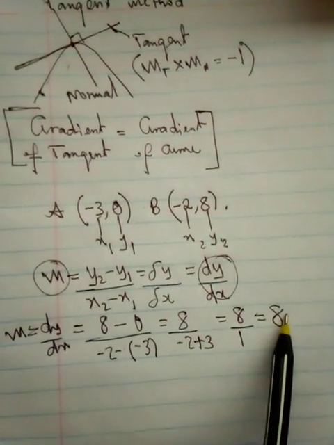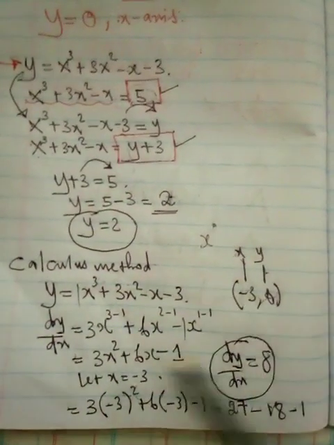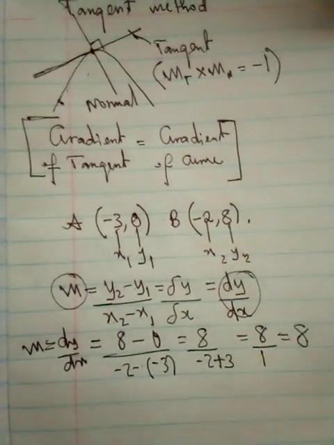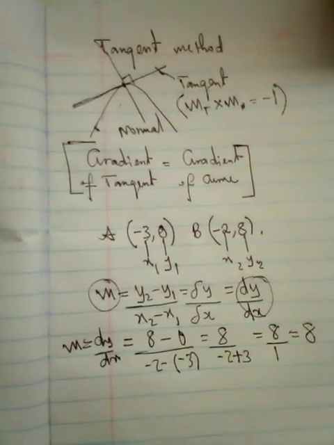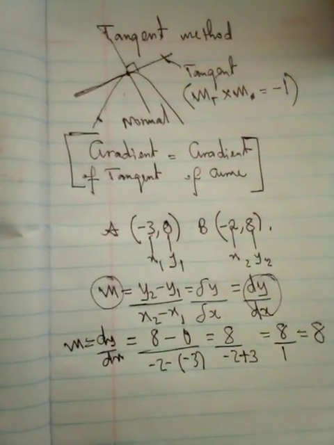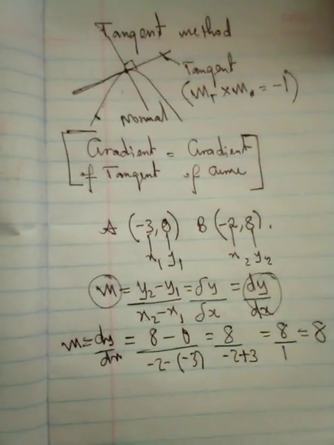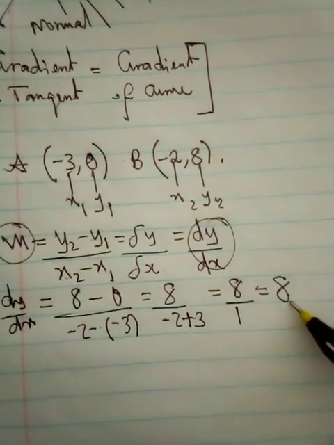Okay, so the calculus method, however, is far more efficient in determining your gradient than the tangent method, because when it comes to sketching and plotting graphs, different people plot things similarly but a little bit differently. Someone using the tangent method can find an 8 like I've done.